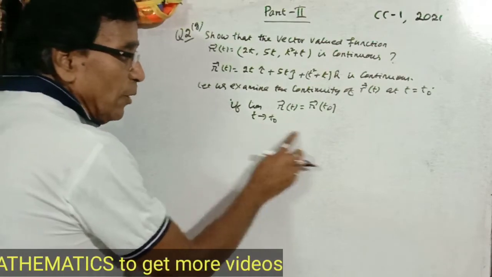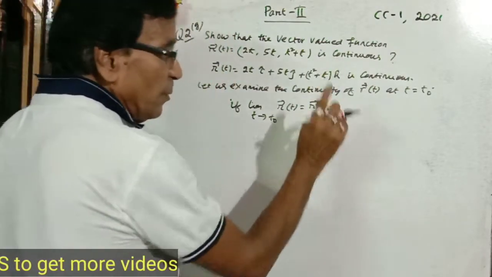That means when the limiting value is equal to the functional value, then only this function will be continuous.